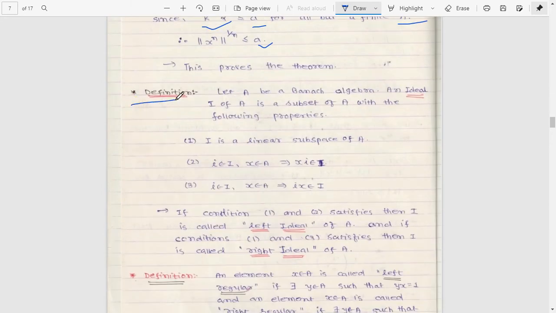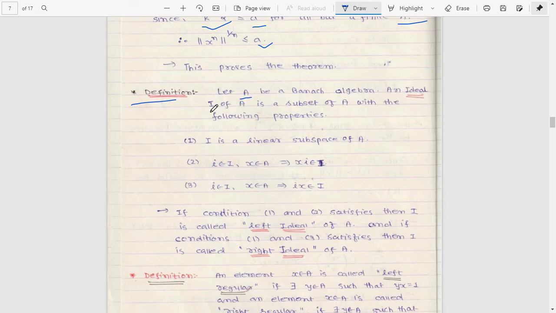Now definition: ideal. Let A be a Banach algebra.